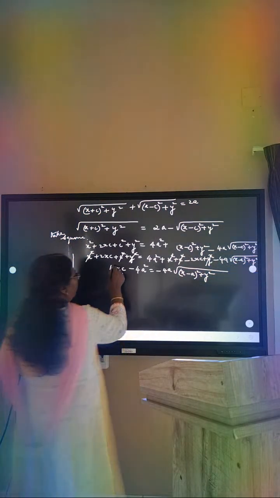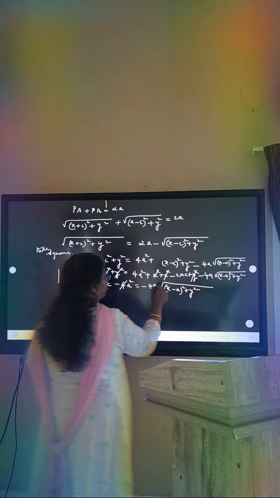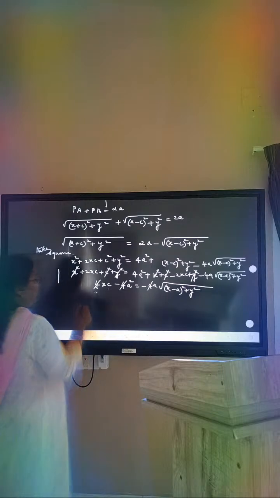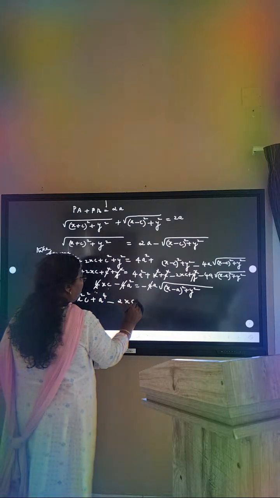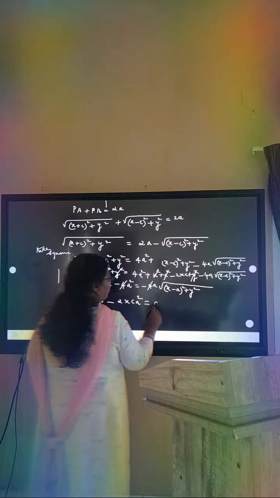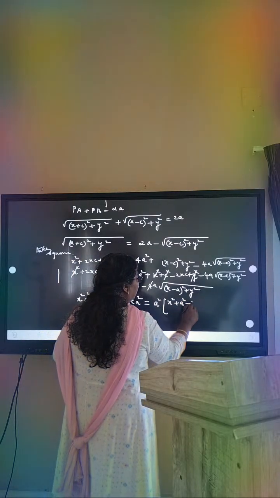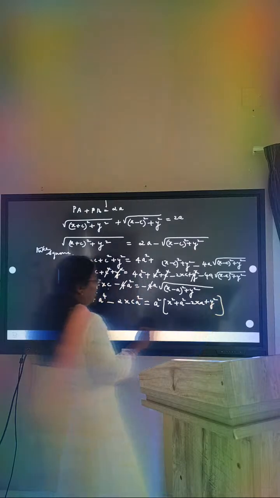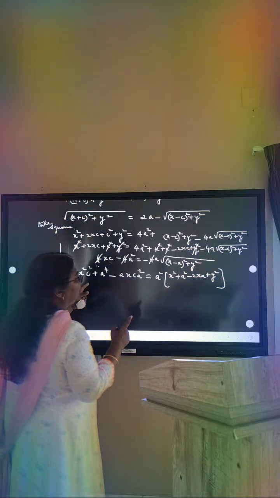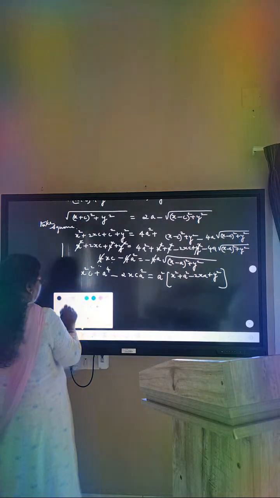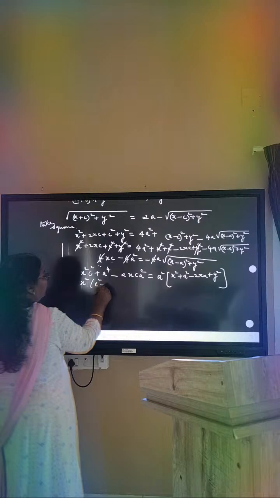Here 4 is common throughout, so we can cancel the 4. Now when you take the square, you get x square c square plus a power 4 minus 2xc a square, and that is equal to a square into x square plus c square minus 2xc plus y square, since the square root goes away. Simplifying, you have x square c square minus a square x square, so it becomes x square into (c square minus a square).